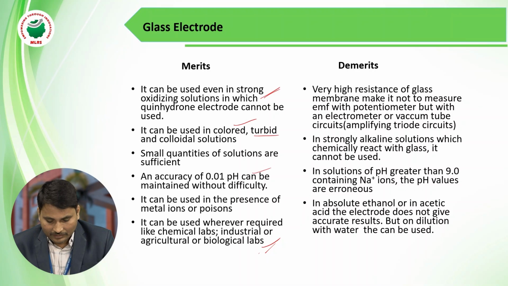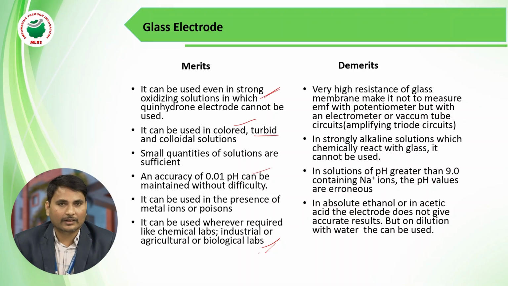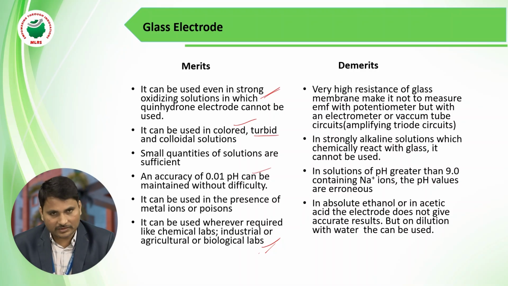In solutions of pH greater than 9 containing sodium ions, the pH values are erroneous, meaning we get some error values when the pH is 9 and above. These are some of the demerits of the glass electrode.